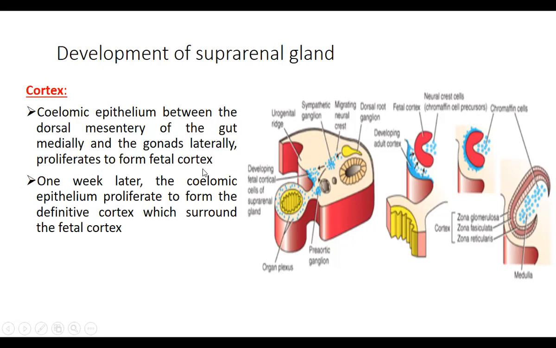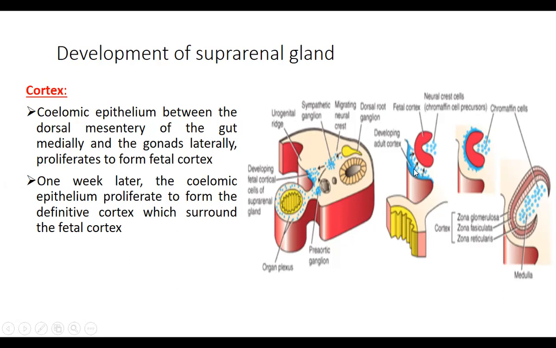Fetal cortex, because there will be an adult cortex later. So you should know, initially during development it develops as the fetal cortex. One week later, the coelomic epithelium proliferates to form the definitive cortex, which surrounds the fetal cortex. Initially there is development of the fetal cortex, later it is pushed inside, and there is development of the adult cortex from the same coelomic epithelium.